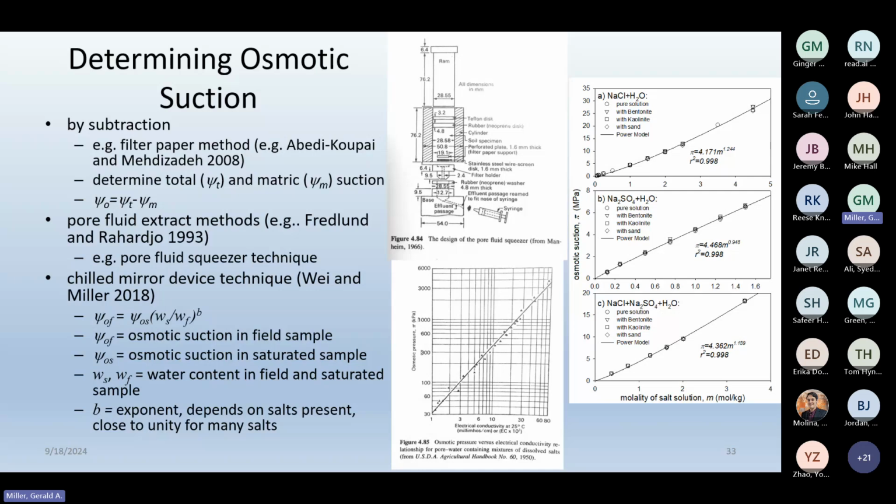Another method that was developed in my lab by a visiting scholar and myself is to actually use the WP4 to estimate osmotic suction. And the graphs over on the right are from that research. What you'll notice, these are plots of water mixed with salt and then mixed with different soil types.